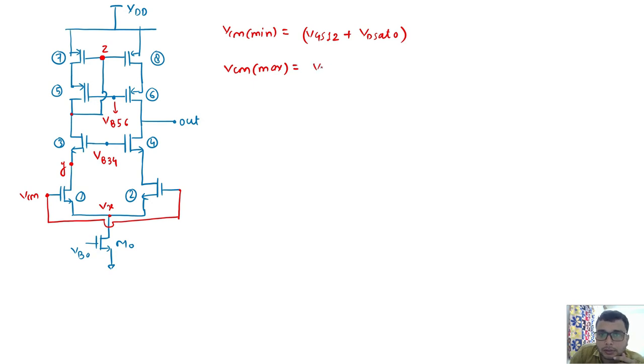It is nothing but Vy plus Vth of 1. Vy, we know, is nothing but VB34 minus VGS of 3 plus VTH1. So this is the maximum value of common mode, and VB34 is coming from where? We can see that the minimum value of it is already defined.